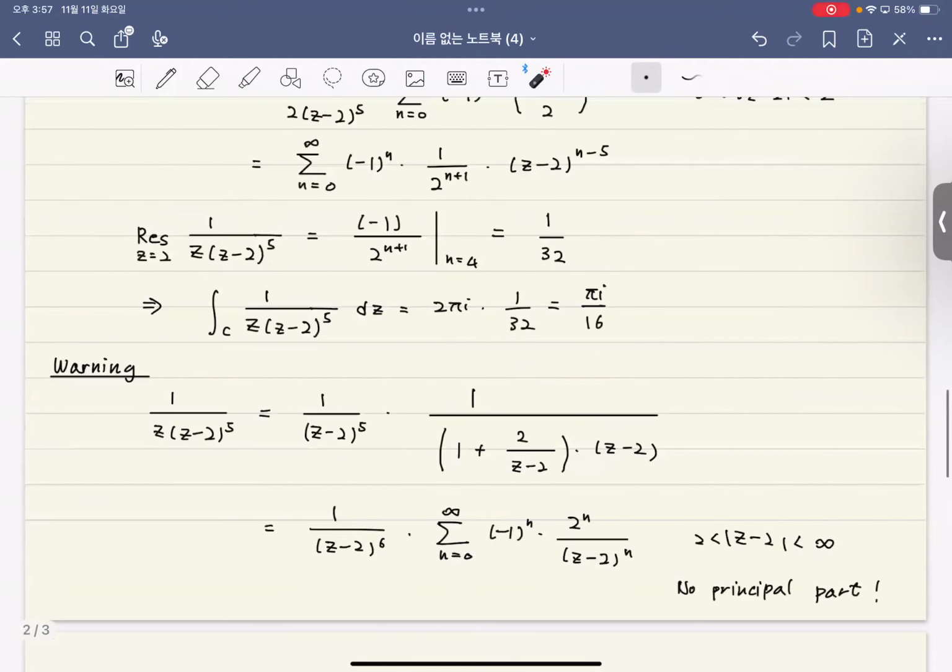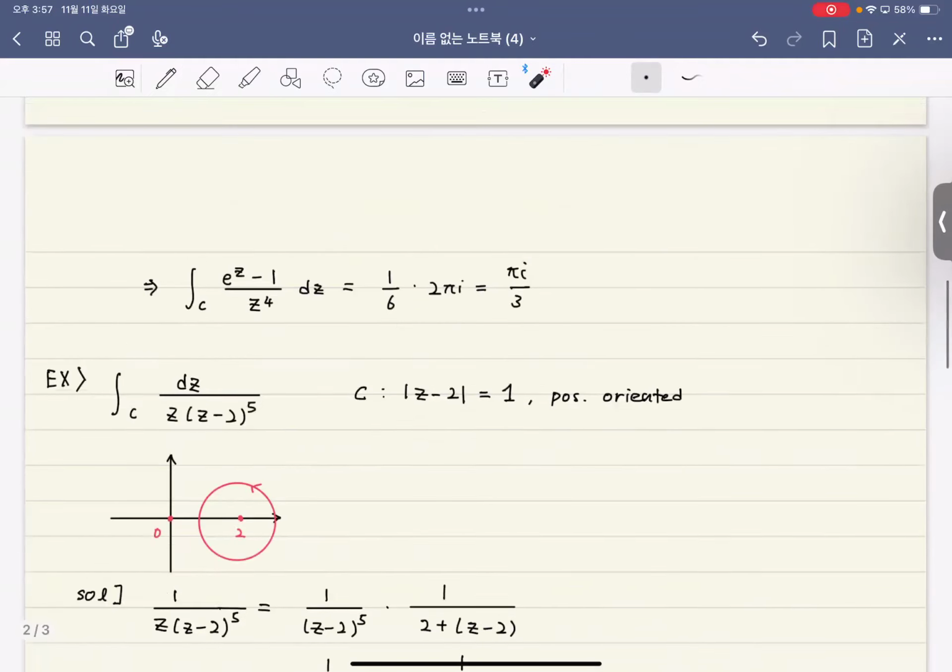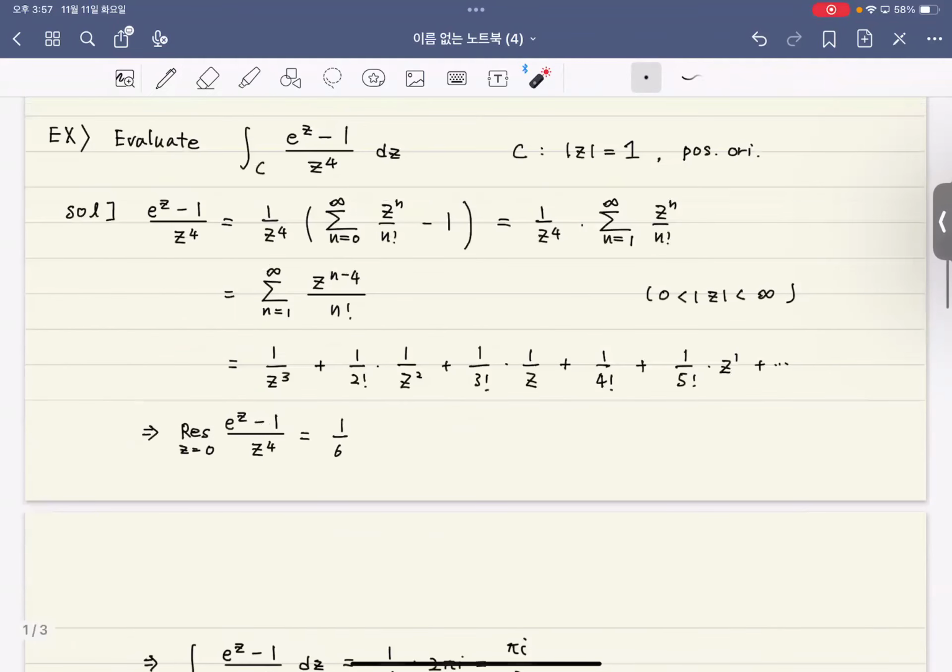Let me go back to our previous exercises and try to find the order of the poles. Here, z equals 0 was the singularity. According to this, the least negative power starts from z to the negative third, therefore I say the origin is a pole of order 3.